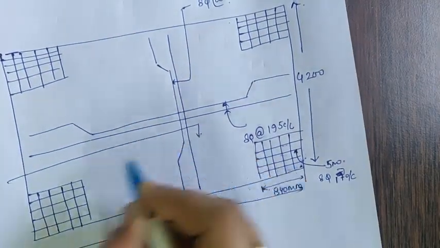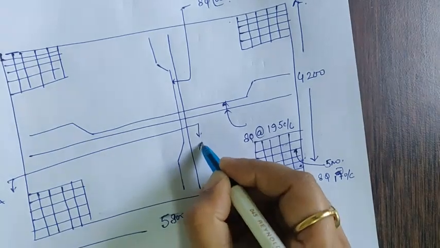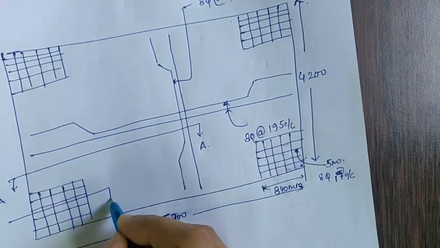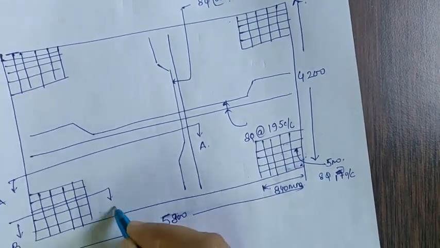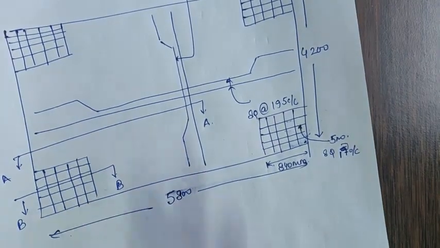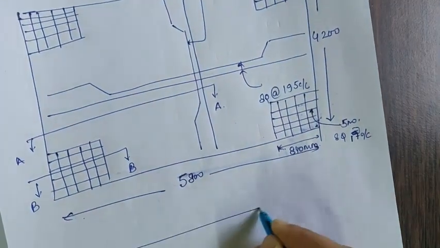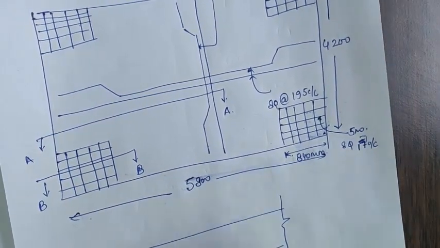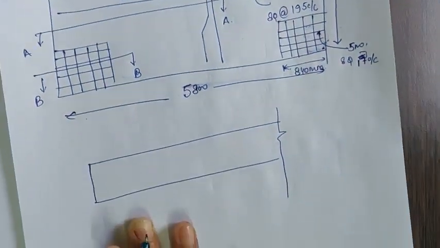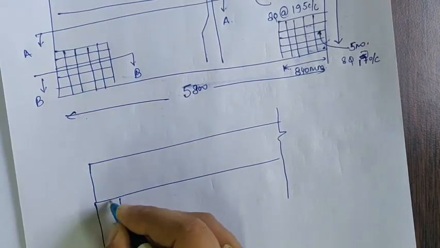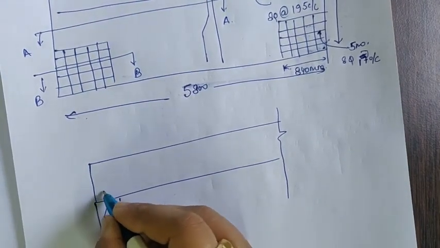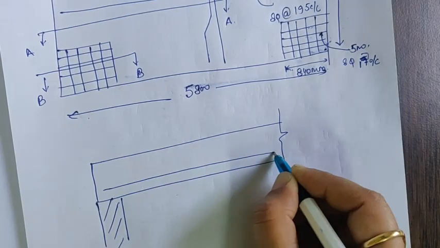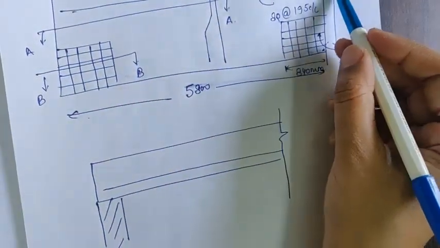Now we generally show two kinds of sections. One is the section with respect to the main reinforcement. Another is the section with respect to the torsion reinforcement. So let me draw section A. This is one bar that is going straight.